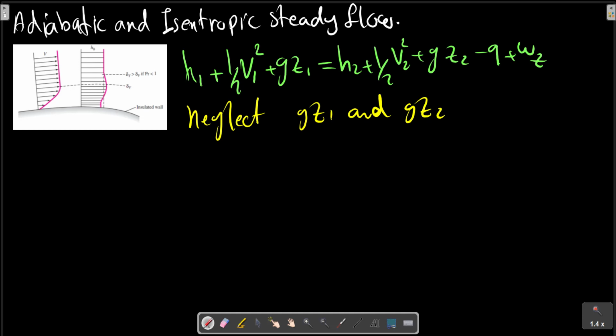Inside the thermal and velocity boundary layer in this picture, the heat transfer and viscous work terms, Q and Wv, are not zero.